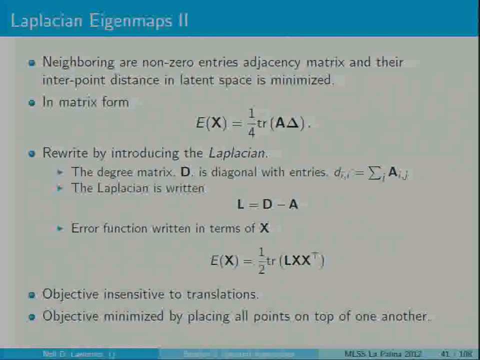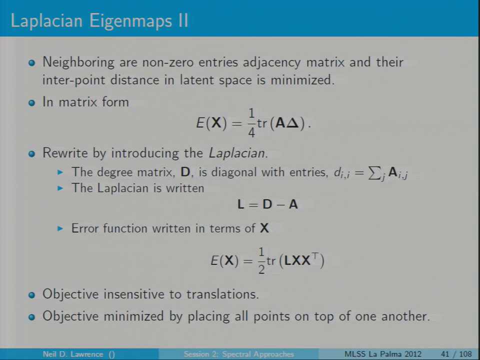As I say, I like writing things in matrix form of A and lambda. And I'm going to do this trick again in a bit. So I'm going to go through it quicker now and maybe slower later if there's time. But that means that we can take this adjacency matrix, multiply by these distances, and if we introduce something called the Laplacian, where we have a degree matrix, and this degree matrix is a diagonal matrix, where the diagonal elements are the sum of the adjacencies for that element.